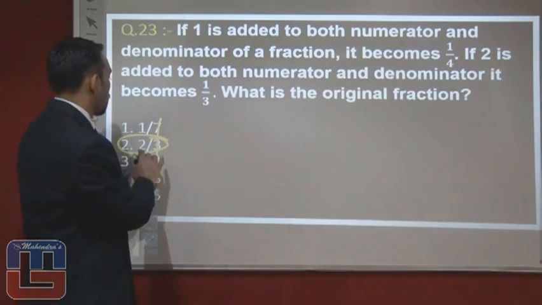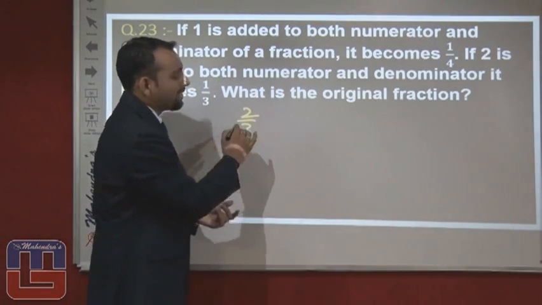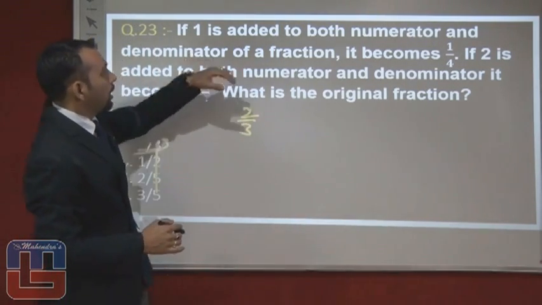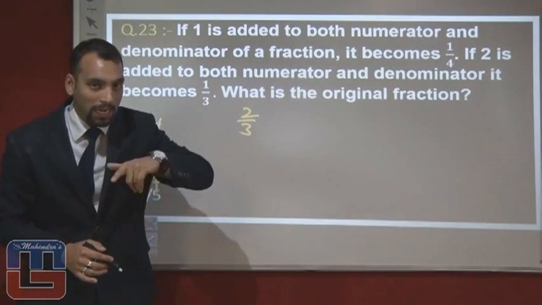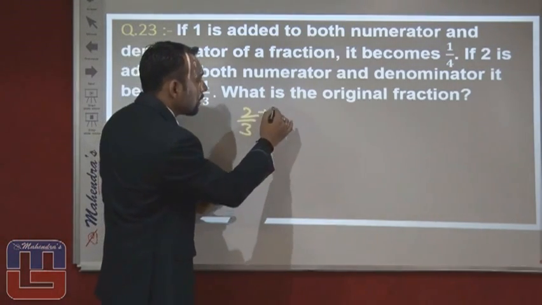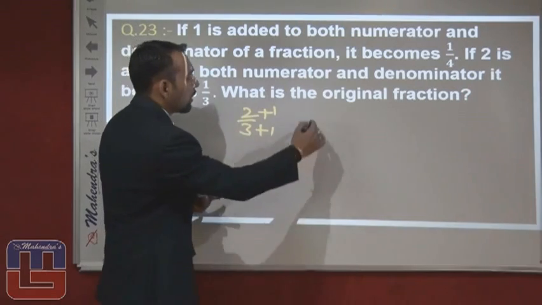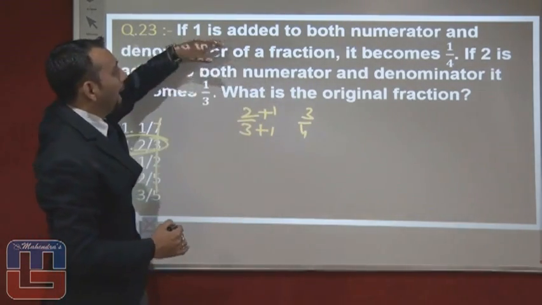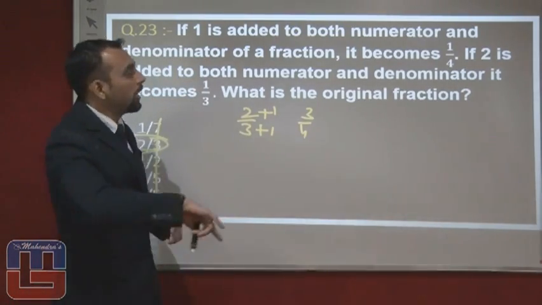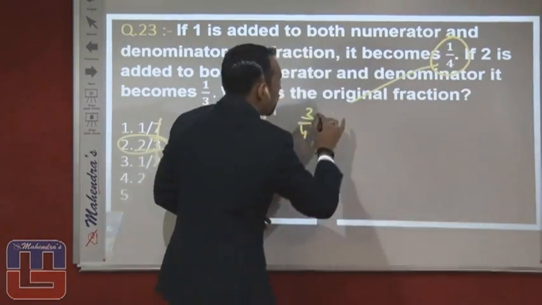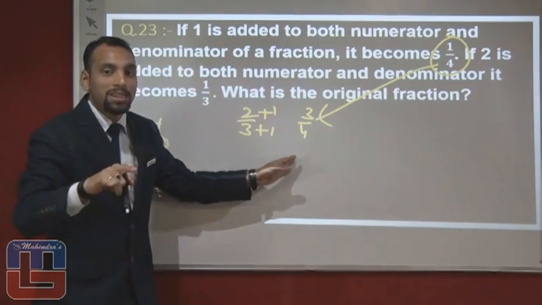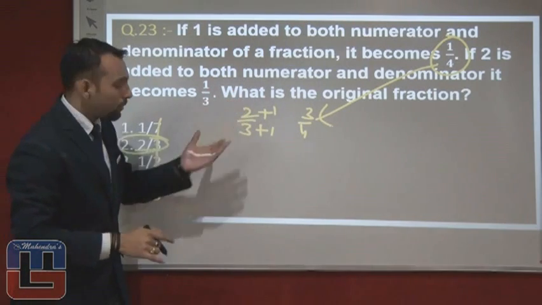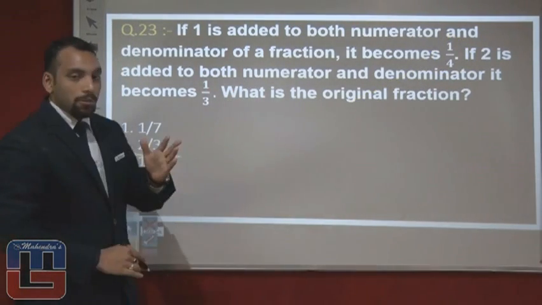Now pick the first one. Suppose we pick 2 by 3 as the answer. Now follow the first condition: if 1 is added to both numerator and denominator, add 1 plus 1, 2 plus 1, it becomes 2 by 3 plus 1, that is 3 by 4. But the question says if you add 1 to numerator and denominator, it becomes 1 by 4, but here it is 3 by 4, which means 2 by 3 is not following the condition, so it cannot be the answer.